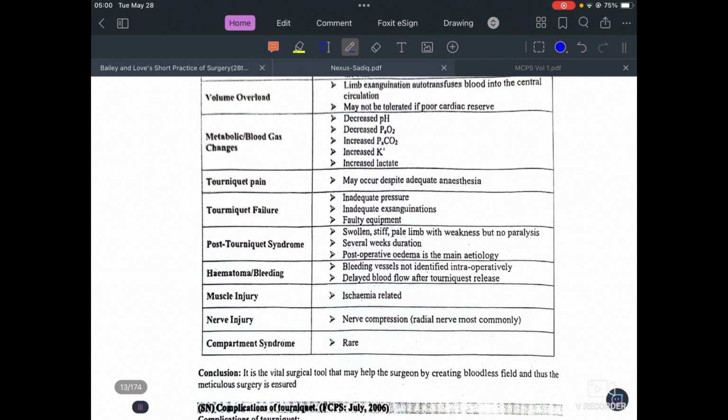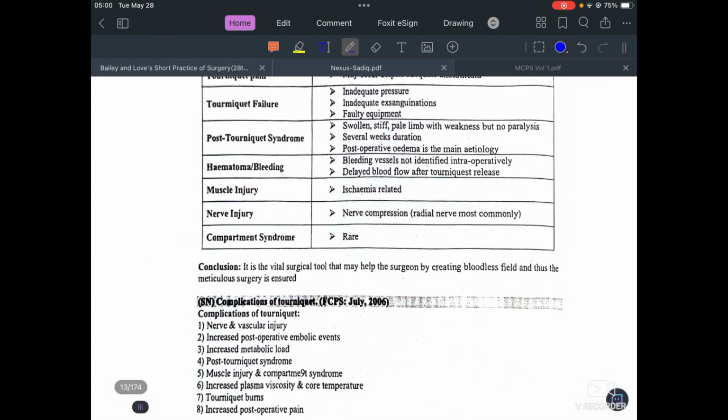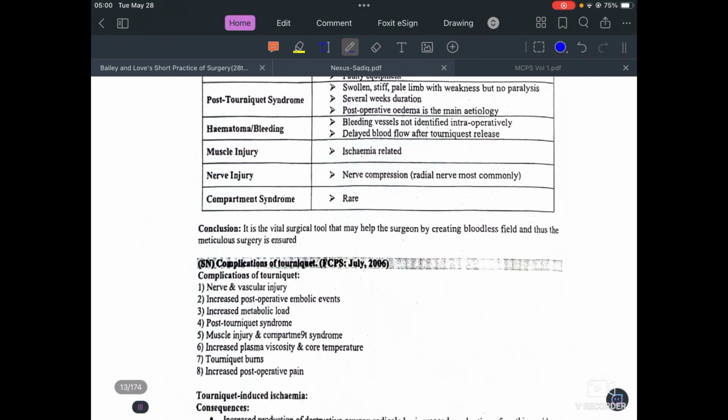Post-tourniquet syndrome: swollen, stiff, pale limb with weakness but no paralysis; postoperative edema is the main etiology. Hematoma and bleeding: bleeding not identified intraoperatively, delayed blood flow after tourniquet. Muscle injury: ischemia-related. Nerve compression: radial most commonly. Compartment syndrome is rare.